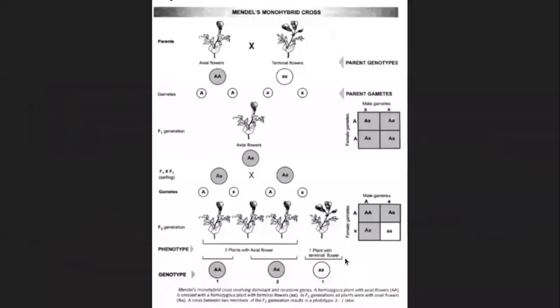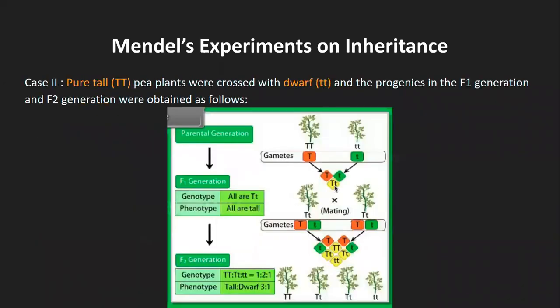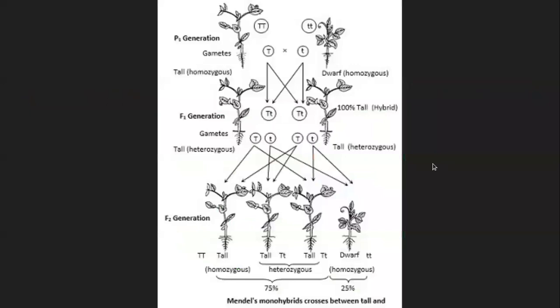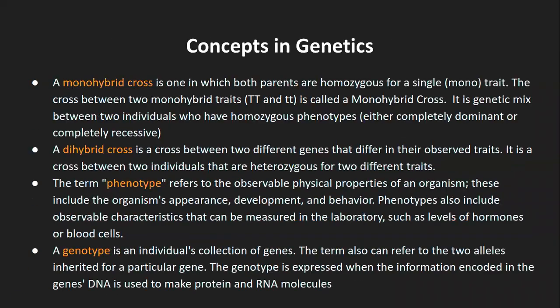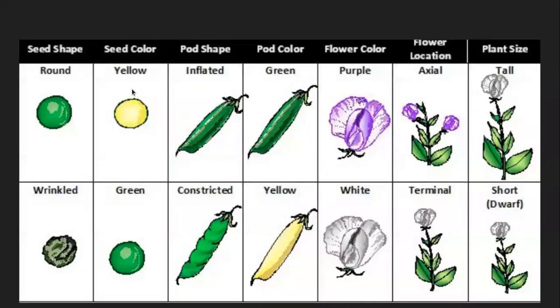So we have only seen 3 of them, right? That is axial and terminal flower, tall and dwarf plant, and round and wrinkled seed. Out of this chart, we had seen the first, the second last, and the last one. But the rest 5, Mendel had also done.